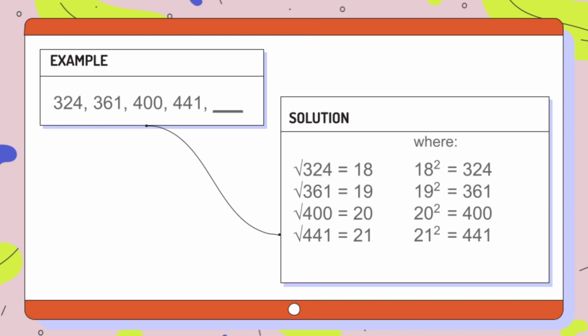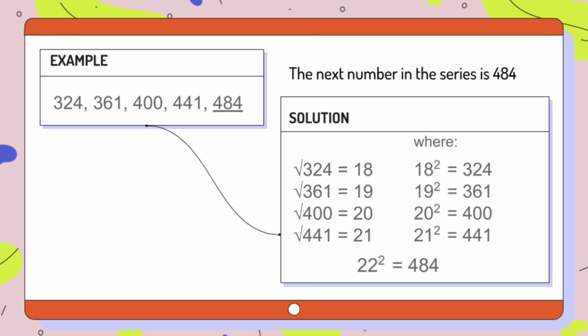Lastly, the square root of the fourth number, 441, is 21, which 21 to the power of 2 is 441. So, to get the next number, we need to find a number whose square root is 22, where 22 to the power of 2 is 484. The next number of the sequence will be 484.